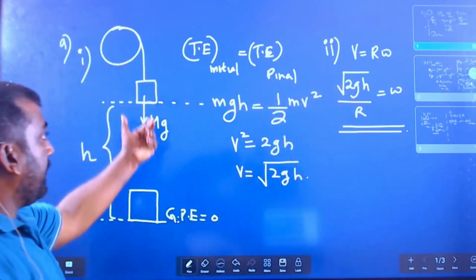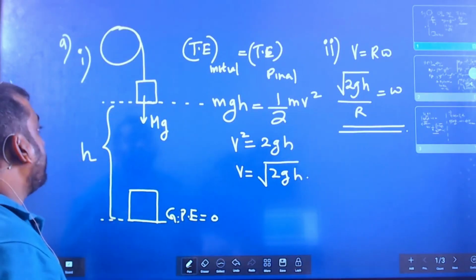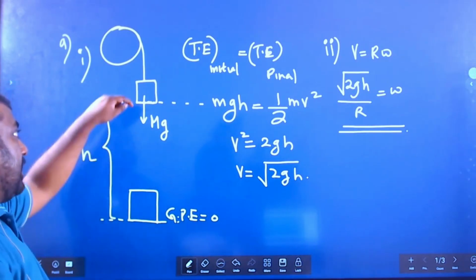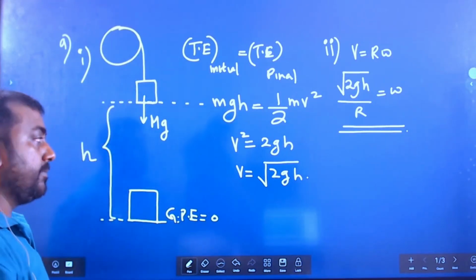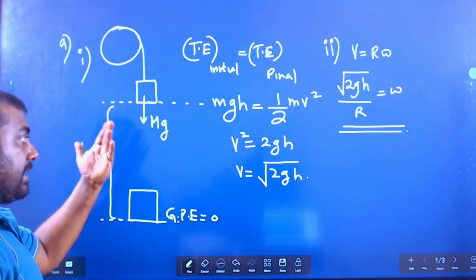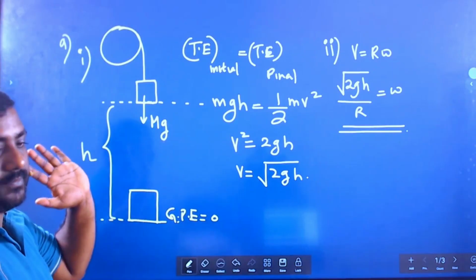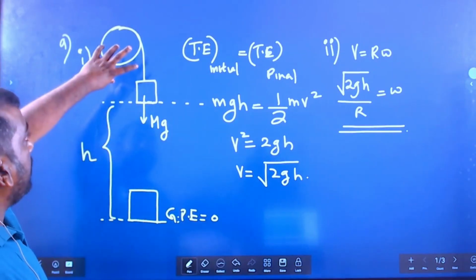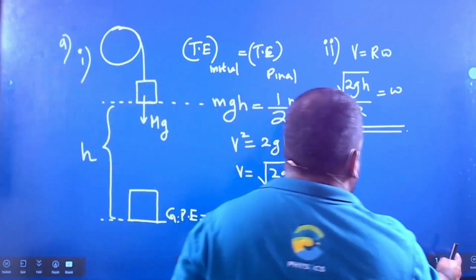Now when this is coming down, external work is done by the external force, because the tensions will cancel off. Mg into H. Increase in kinetic energy means there is translational kinetic energy and rotational kinetic energy. And when this is coming down, there is going to be a frictional torque in the opposite direction.